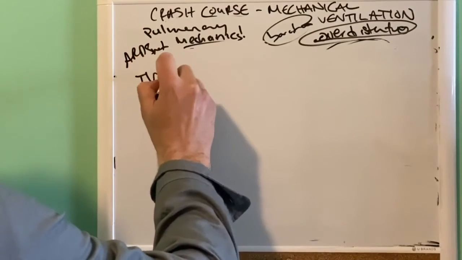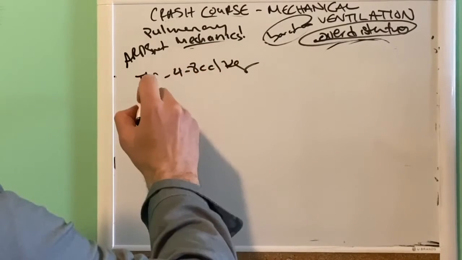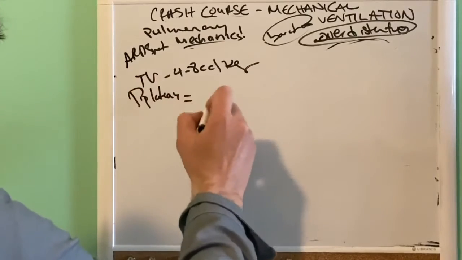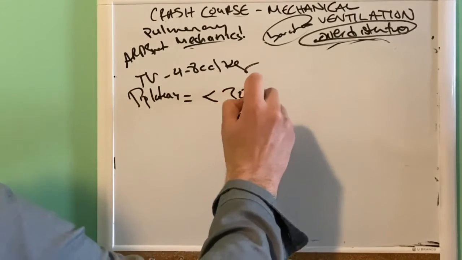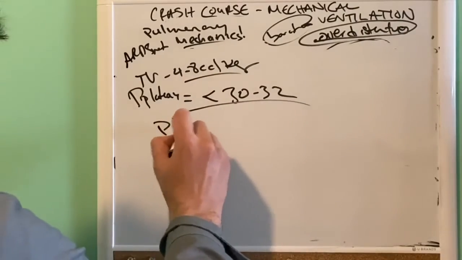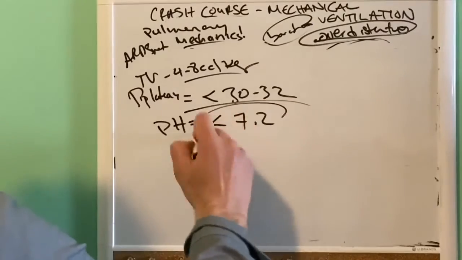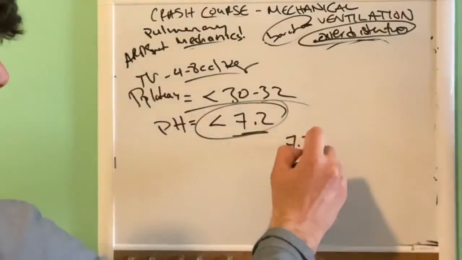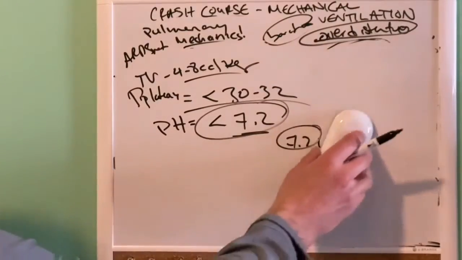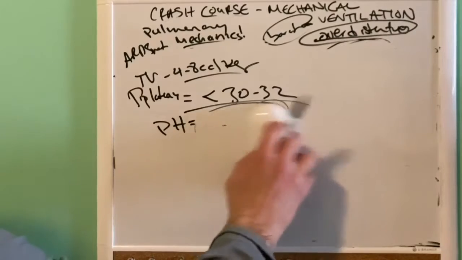Generally tidal volume 4 to 8 cc's per kilogram, plateau pressure less than 30 to 32. For pH, I forget exactly, but generally we wanted over 7.2, with 7.21 being at the low end of what we call permissive acidosis or permissive hypercarbia.